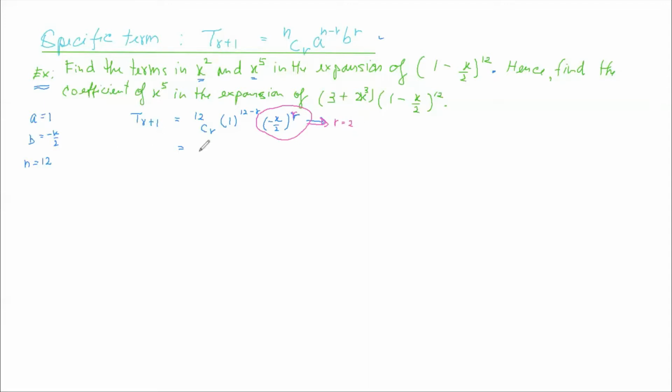Then we replace r equals 2, plus 1. That means this is the third term. Then you replace this and it becomes 12 C 2, 1 to the power 12 minus 2, minus x over 2 to the power 2. Then you simplify, right?